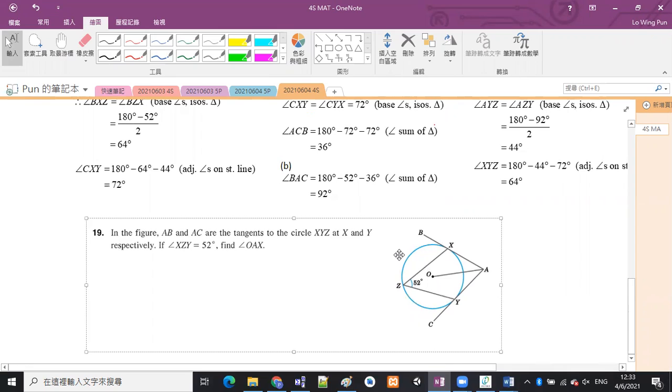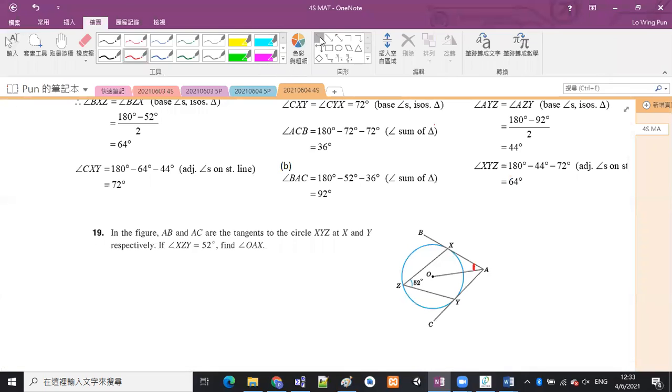Find angle OAX. OAX is this angle, with this red angle. At this time, I will join OX and OY first. Join OX and OY.